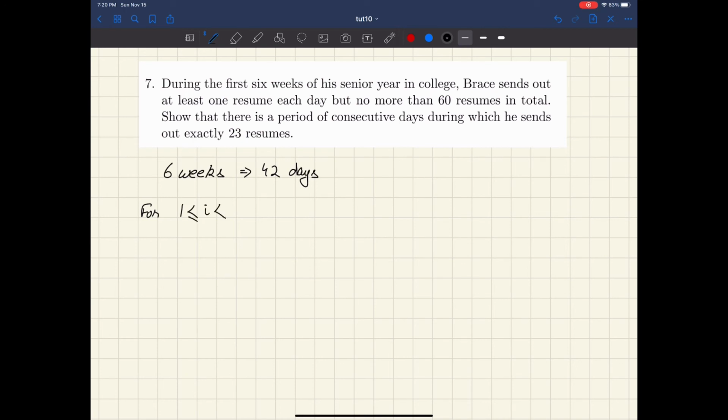To write it formally, for i between 1 and 42, let x_i be the total number of resumes Brace sent out from the start of his senior year to the ith day.